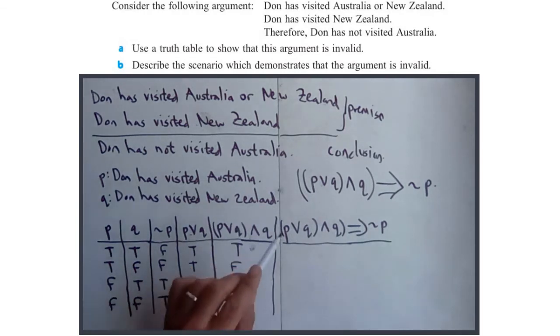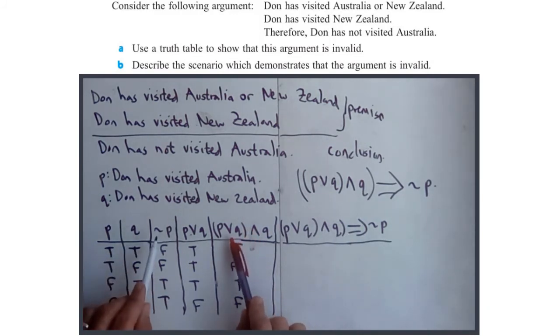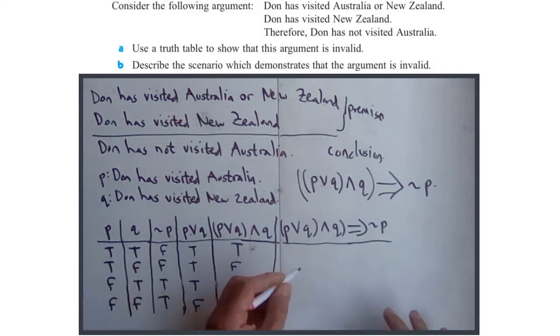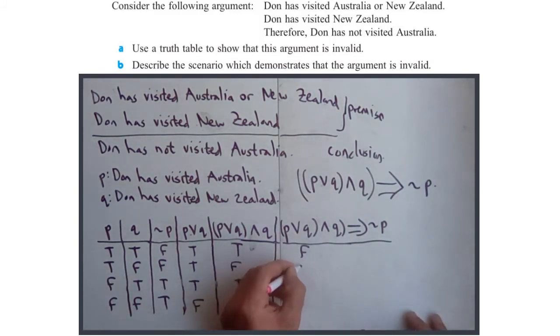So we're looking to see where the P or Q and Q column implies the negation of P column. Here this is true and this is false, so you can see straight away it's false there. False, false, we call that true because it's inconclusive. True, true, definitely true. And false, true, well, whenever the first is false, it will be true for the same reason. So true, true, true.